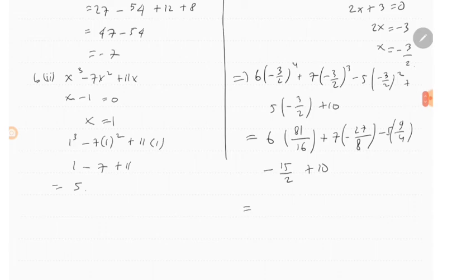Then you have, okay, you can use your calculator to find out.